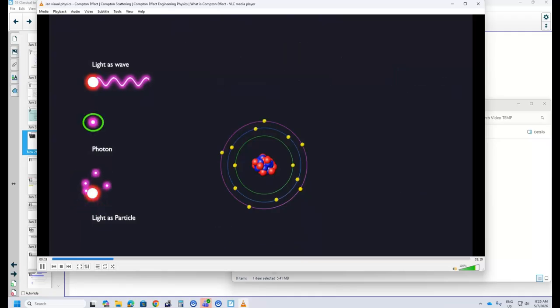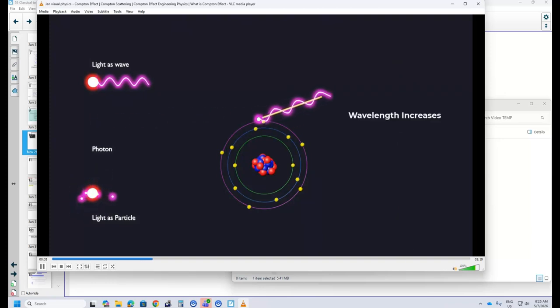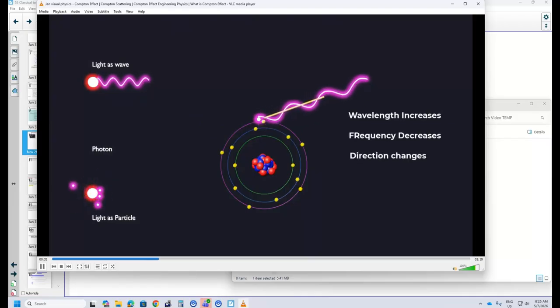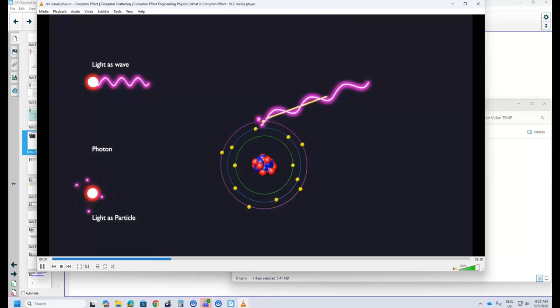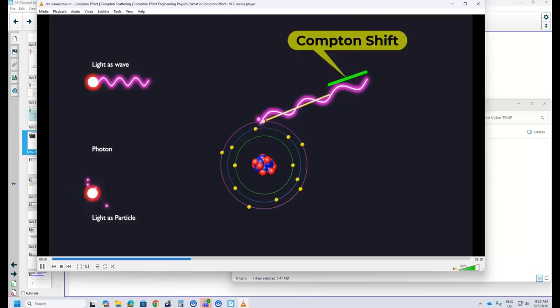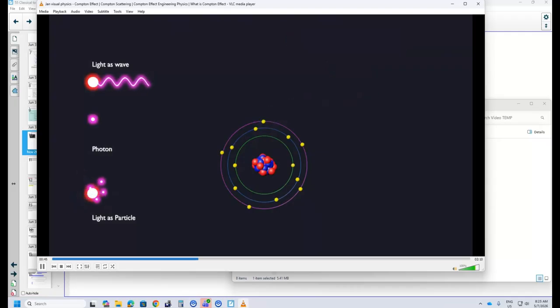When a high-energy photon with a specific wavelength and frequency interacts with an electron, it transfers some of its energy and momentum to the electron. This collision changes the photon's wavelength, frequency, and direction while causing it to lose energy. As a result, the photon's wavelength becomes longer, and this change is referred to as the Compton shift.